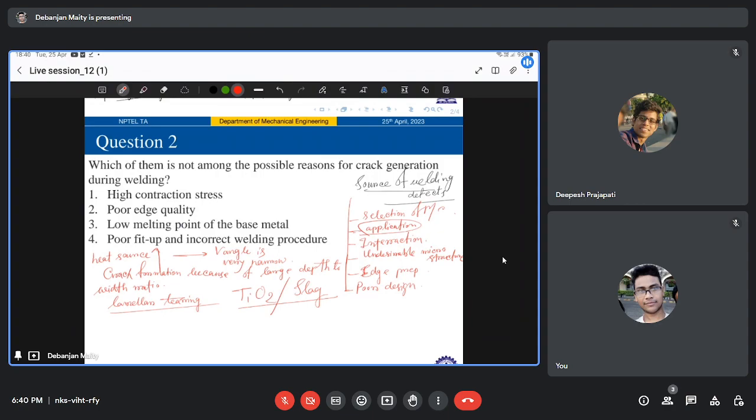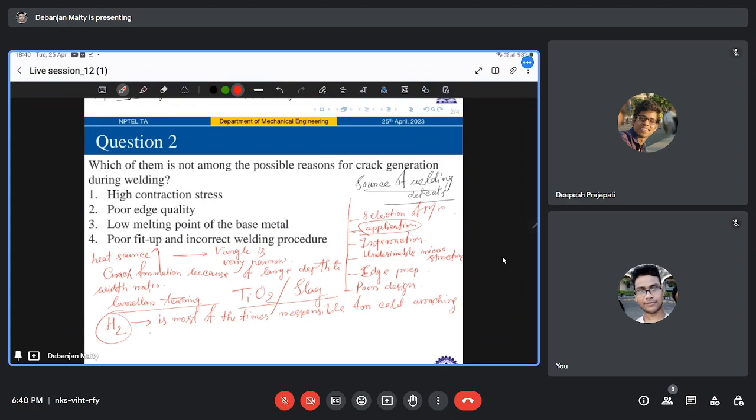And similarly, hydrogen is another principal constituent material which is very much undesirable, and most of the time hydrogen is responsible for this cold cracking. Right?